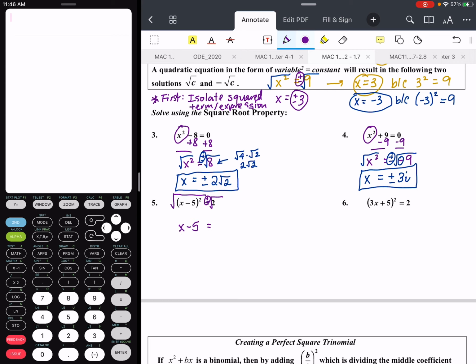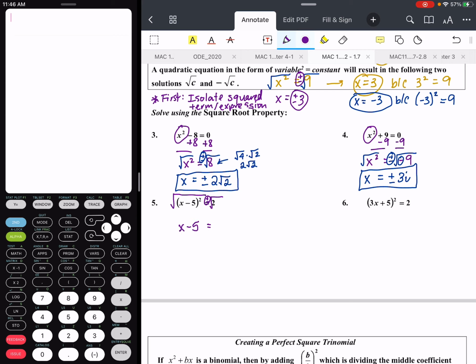All right, so number 6, we have 3x plus 5 squared equals 2. The squared expression is already isolated, so I'll go ahead and apply that square root property. So take the square root of both sides. When I take the square root of the constant on the right, that's when I apply that plus or minus. So this just gives me 3x plus 5 equals plus or minus square root of 2. Super. And now I want to go forward and solve for x.